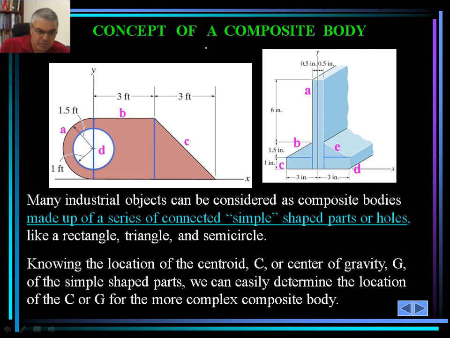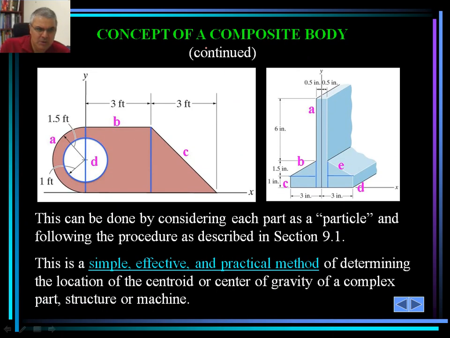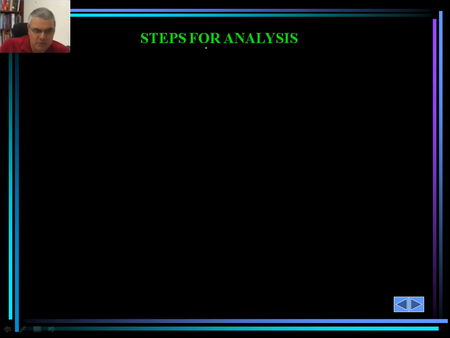So if we know the location of the centroid or center of gravity for these simple shaped parts, we can easily determine the location of the centroid or the center of gravity for the entire complex composite body that I just showed you. Shortly you're going to see how we can actually do this.